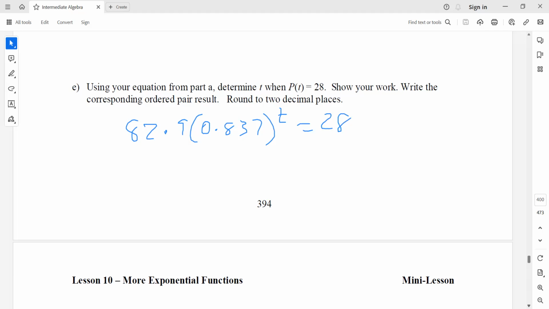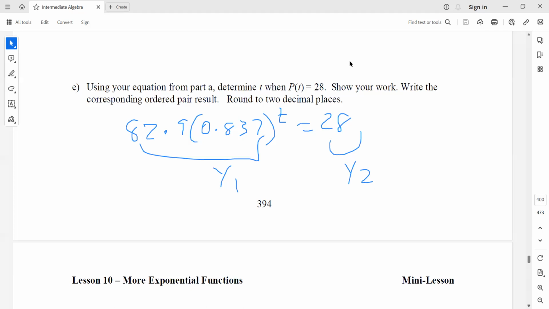And that's what you're going to have. All right. So you could put this in a calculator, y1, y2, and then solve for t. Now, if you do that, you're going to get 6. Let's do that on the calculator.